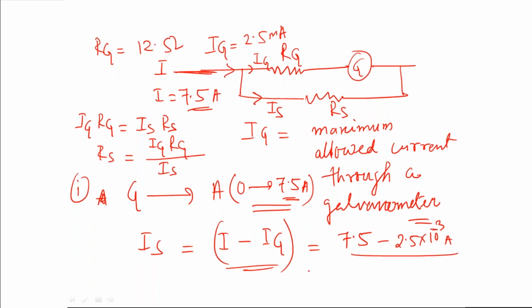So we just put all these things in. What you get here is RS is equal to Ig RG divided by Is. So what is Ig?